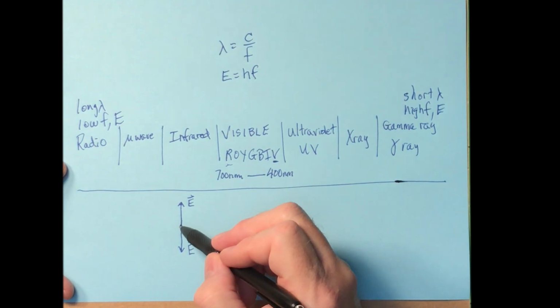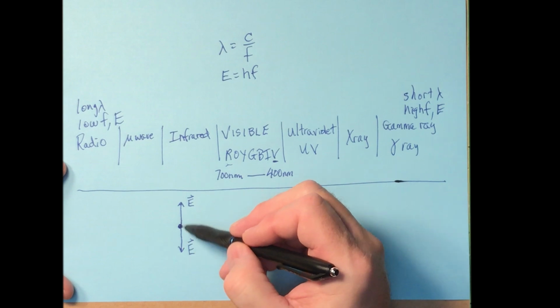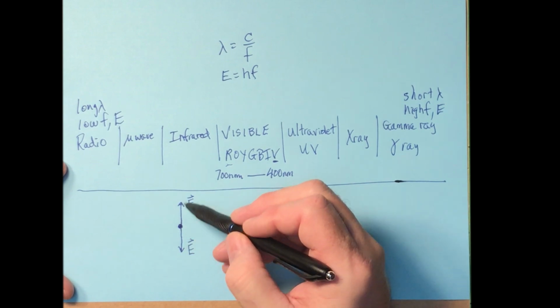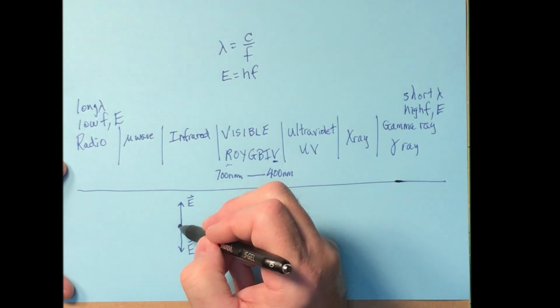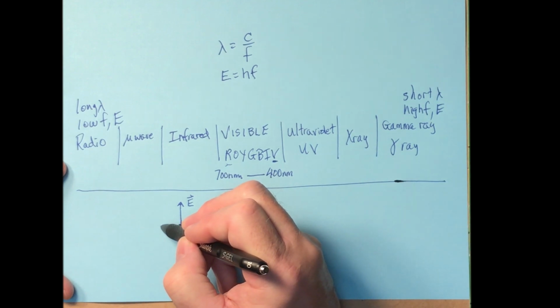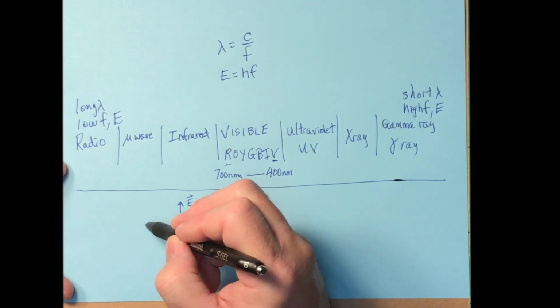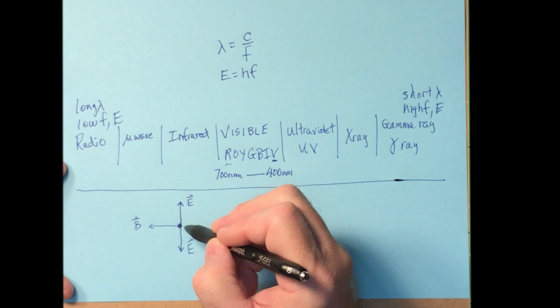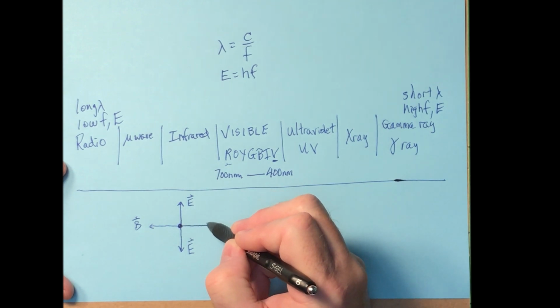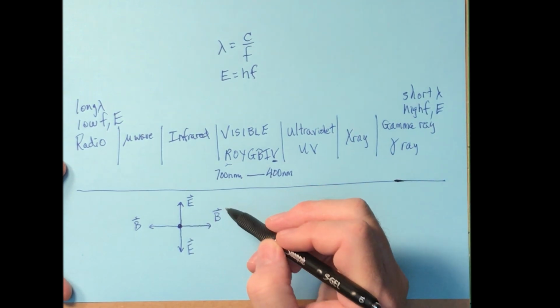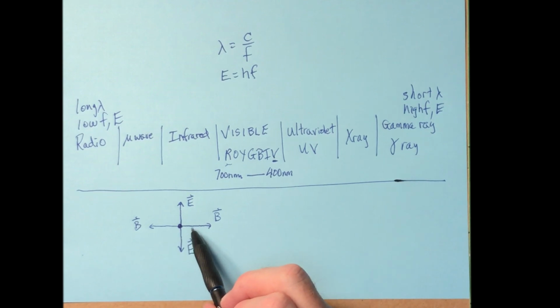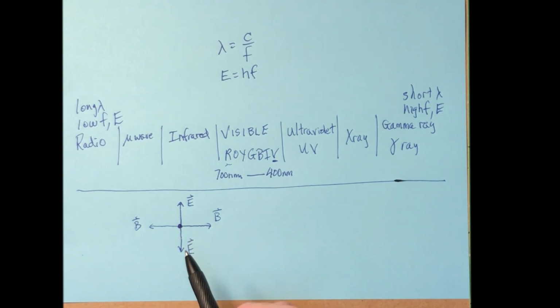So we've got a center point here about which that electric field would oscillate back and forth. Well, the magnetic field would oscillate at a 90-degree angle to that. So there's the magnetic field, and it would oscillate this side as well. So these are always at right angles to each other, and they are always in phase with each other.